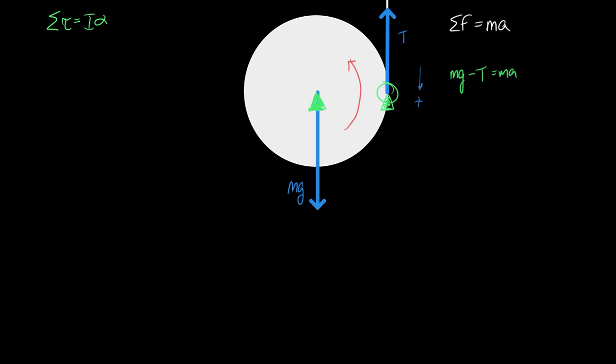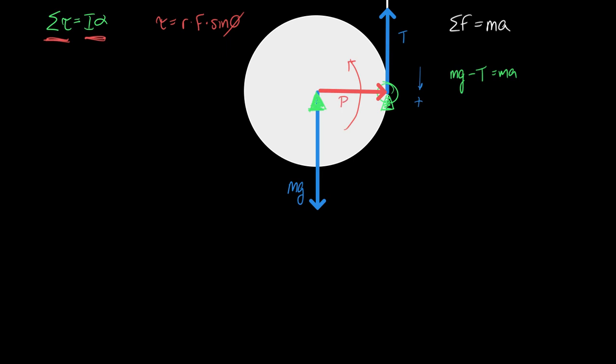Now, this says to add up the torques and set it equal to I alpha. We're going to probably have to do a few things here to make that happen. I remember that torque is R times F times the sine of an angle. So if we're going to use mg as our pivot point, then I think R is probably that, because the tension is being applied at the edge of the ribbon.